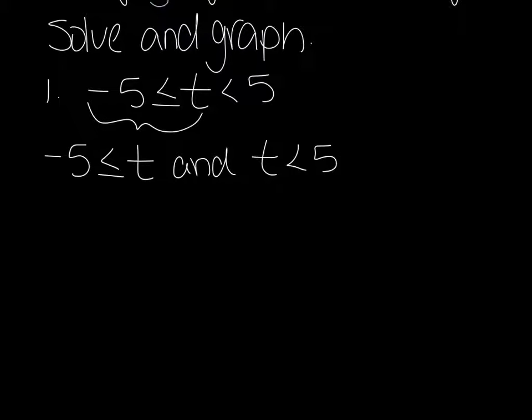And then, because I know it's easier, I don't like whenever the number's written first, and judging from watching you guys do your homework yesterday, I would strongly, strongly recommend flipping this around because almost all of you graphed these wrong if the number came first. So to flip this around, I'm going to say t is greater than or equal to -5.